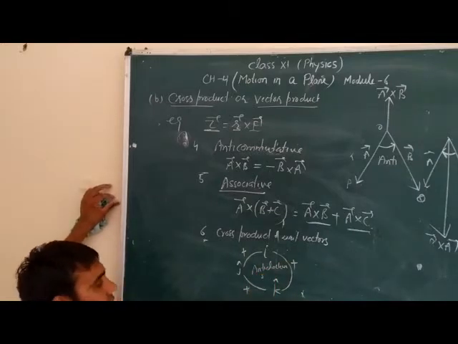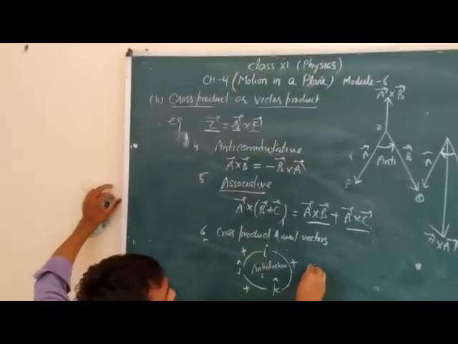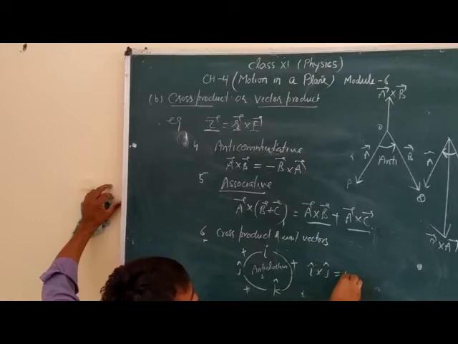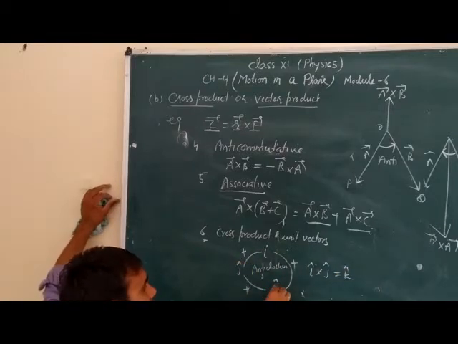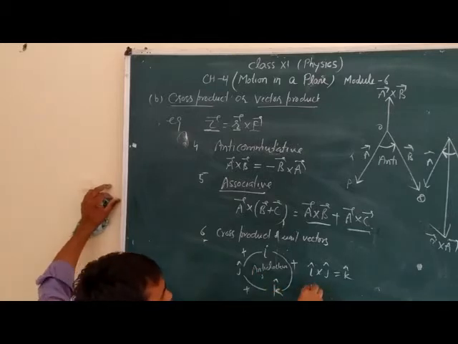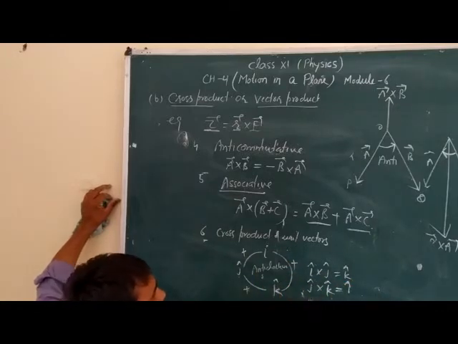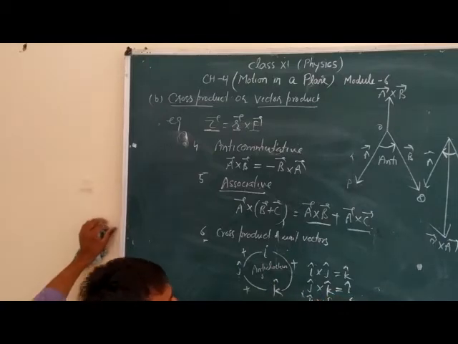Therefore, we have a trick to remember: I cross J is equal to K. J cross K is the remaining vector, that is I. Then K cross I is the remaining vector, J.